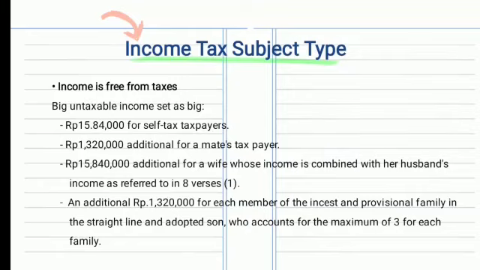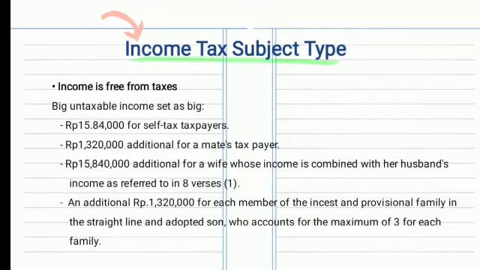Big and taxable income set as big. 15,840,000 rupiah for self-tax taxpayers. 1,320,000 rupiah additional for a married taxpayer. 15,840,000 rupiah additional for a wife whose income is combined with her husband's income as referred to in the Act verses.